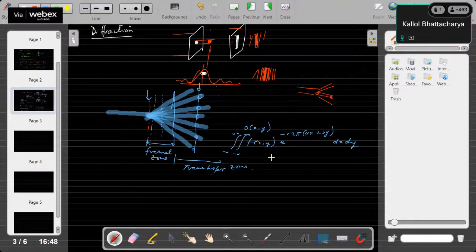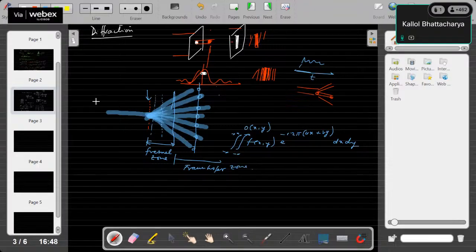Now, we are more accustomed to the Fourier transform in the time domain, where the argument of the exponential is minus i twice pi f t. In the time domain, if it's a voltage or whatever is fluctuating with respect to time, there's only one parameter, time.